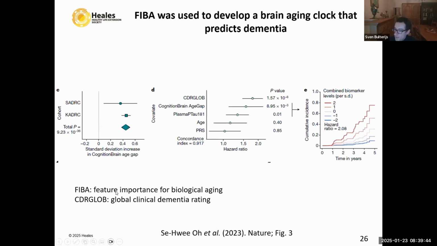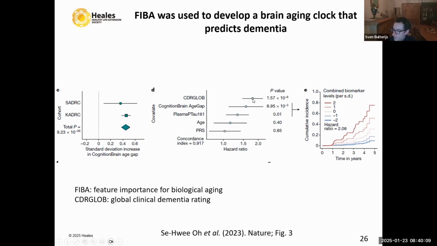Here they used a special algorithm, FIBA, where they looked at the brain specifically and they tried to make a model that could be even better than the previous one at predicting brain aging. And they found one. And so here what you see is the global clinical dementia rating.